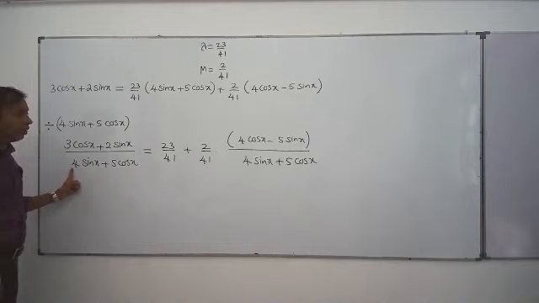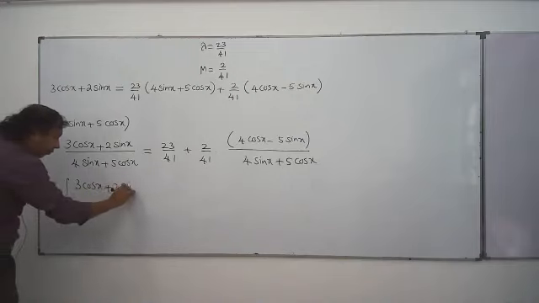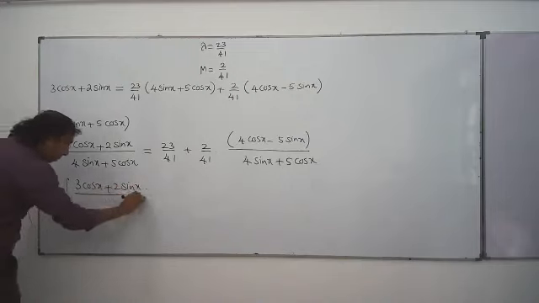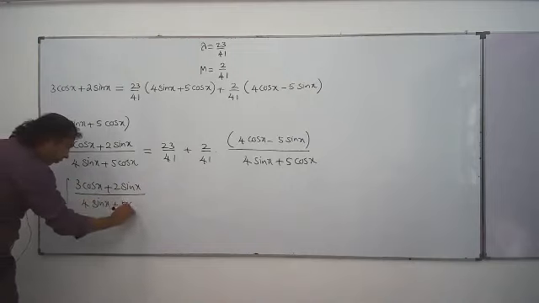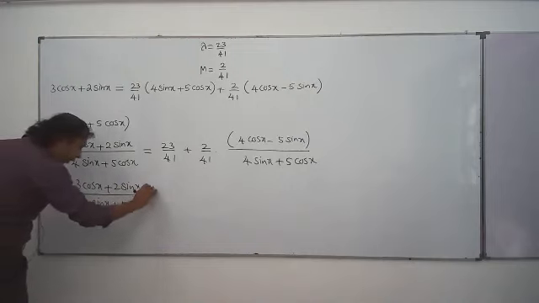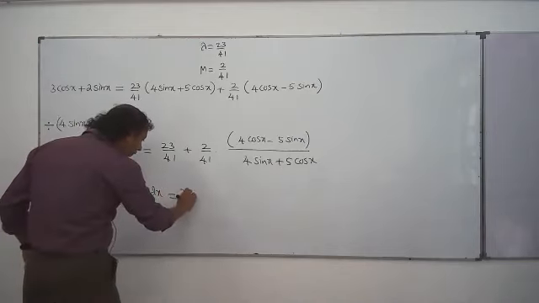Now we integrate both sides of this. Then what do you get? The integral of 3 cos x plus 2 sin x divided by 4 sin x plus 5 cos x dx equals, we have to integrate this. Take that out.